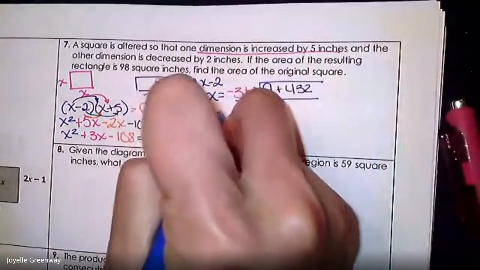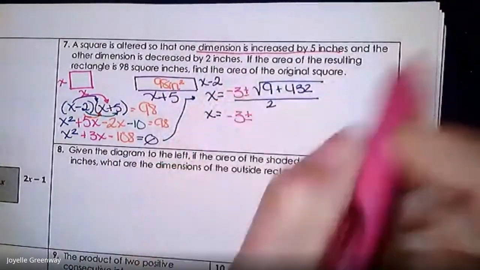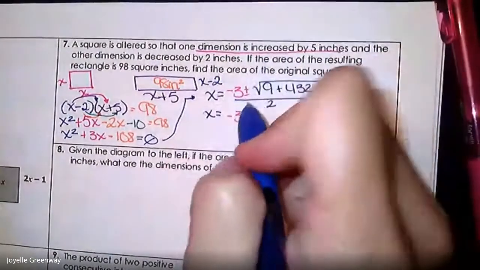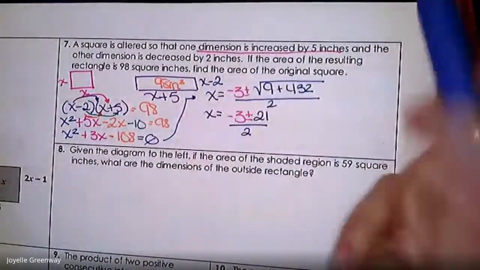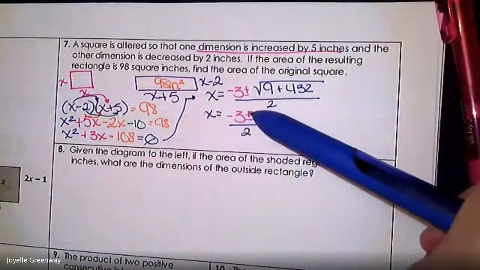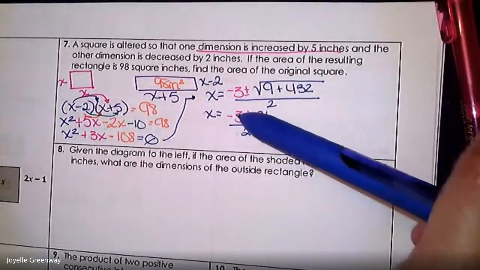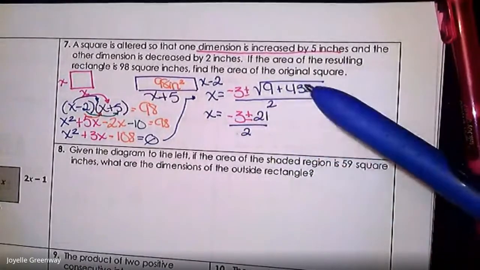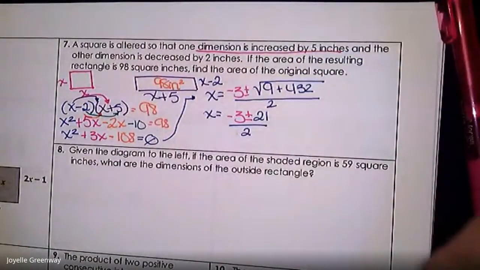So what we are left with is x is equal to negative 3 plus or minus 21 divided by 2. So when you do negative 3 plus 21 divided by 2, you're going to get a positive root. And when you do negative 3 minus 21, you'll get a negative root. Since I'm dealing with area, I don't want my negative root.